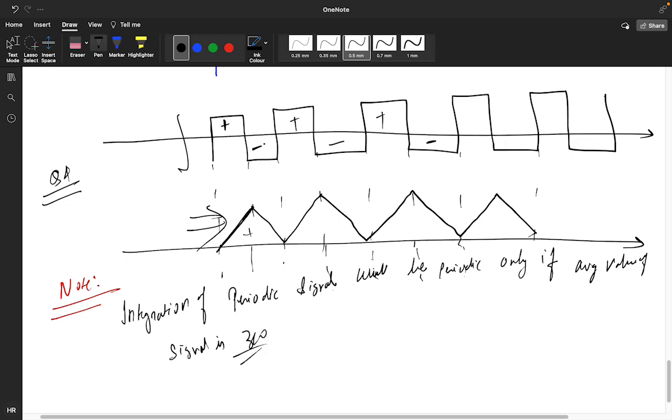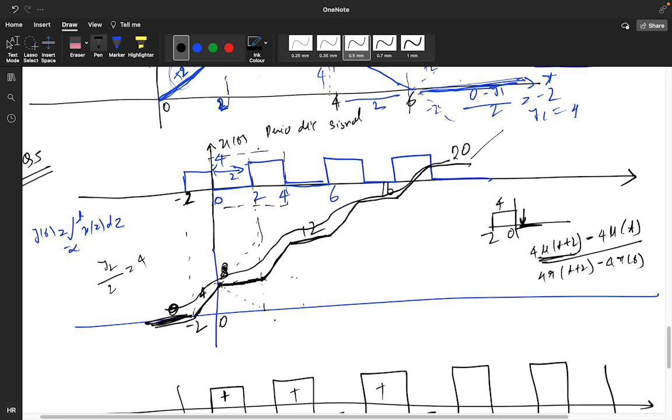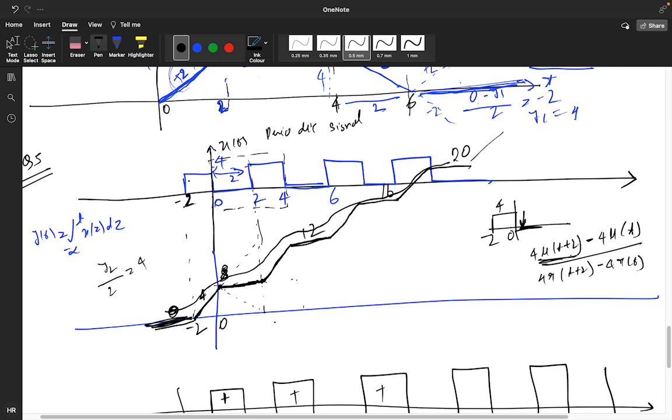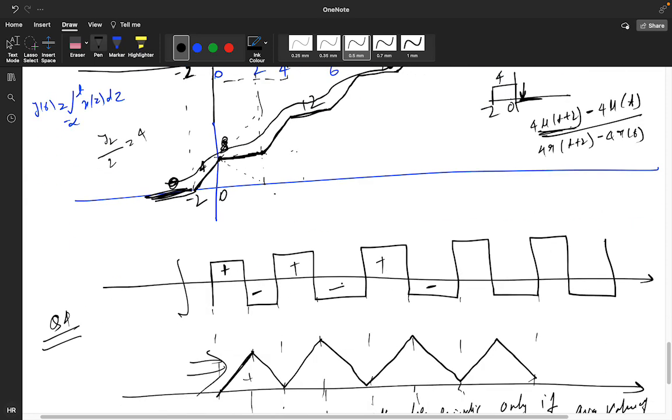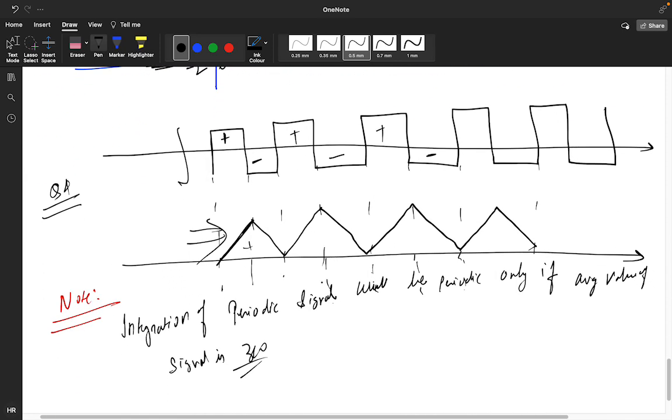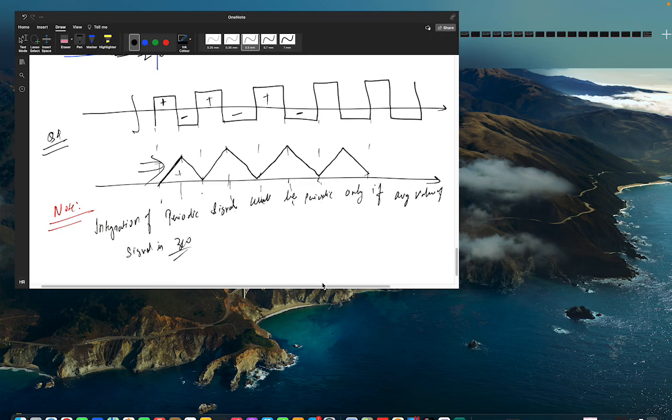So here the average value is 0, but in the earlier graph the average value was not 0. See, I'm getting the positive part only, no negative part. But in this positive and negative graph, the average value is 0. So if the signal has zero average value, then you will get a periodic signal. And if the signal does not have zero average value, then you will not get a periodic signal. Average value means 0 average value.